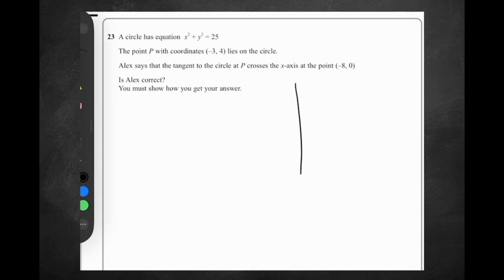So I'm going to start by drawing x squared plus y squared equals 25, like this. That's going to be 5, that's going to be 5, that's going to be minus 5, that's going to be minus 5. And it's going to be the origin just here, 0, 0. It's a very poorly drawn circle.